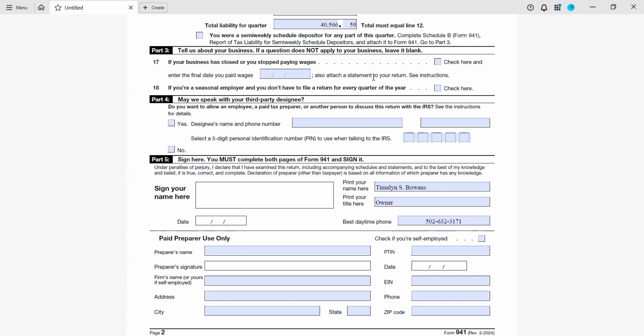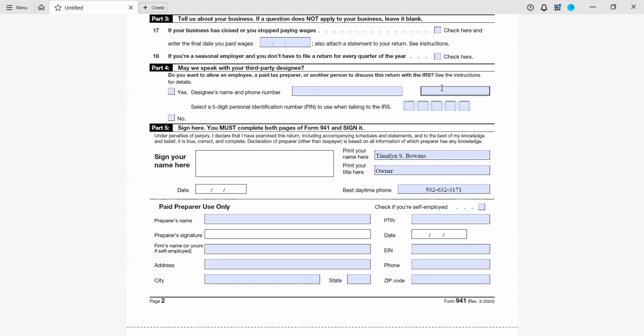Now, if you're a seasonal employer and you don't have to file a return every quarter of the year, you're going to also check here. So that would be like if you run a summer camp or you hire lifeguards for a pool, okay? A third party designee would be the person that you pay to prepare this. And if you're watching this video, you probably aren't paying somebody to prepare this, so you don't have to fill this out.